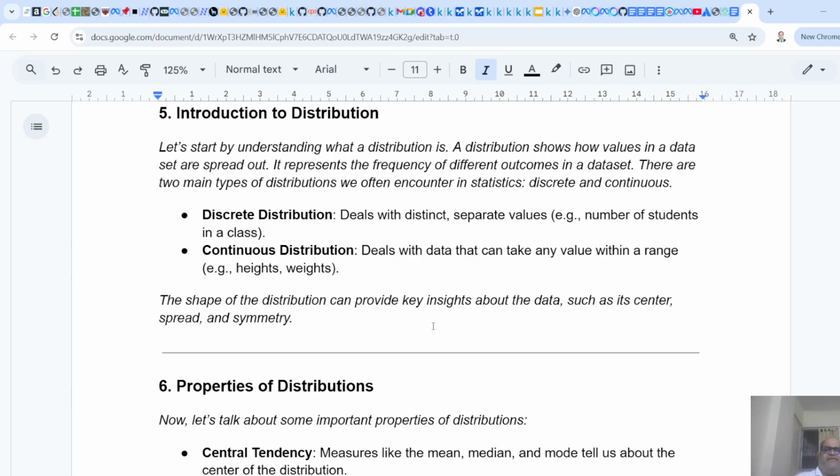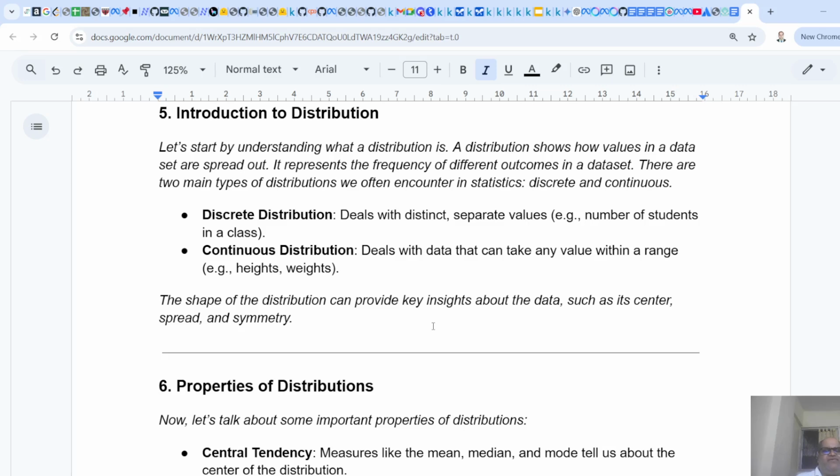It has some typical characteristics, and they are known by some more common ones. So we'll see one of those. But before we go there, a discrete distribution is one that deals with distinct separate values, right?